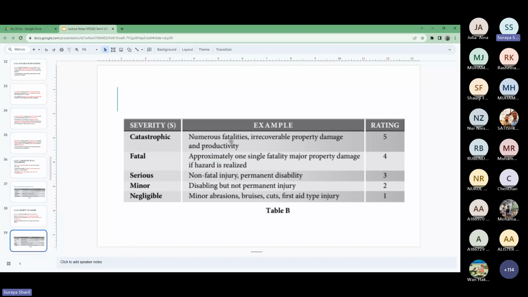This is a very high risk. Any mistake can cause a catastrophe. Maybe your factory or your working area explodes, let's say. So we can categorize this as catastrophic. For example, this is just an example.